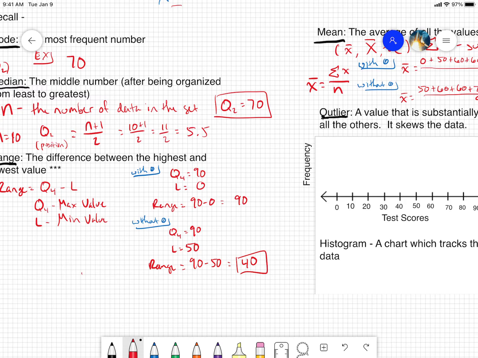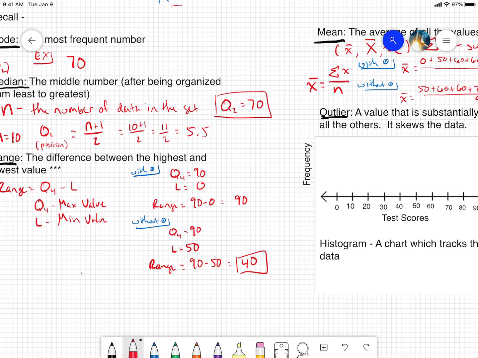And when we're working with data, we actually don't consider outliers. The reason why is, for example in this case, how do we know that this person who got a 0 on the test didn't just not show up? They didn't actually take the test.